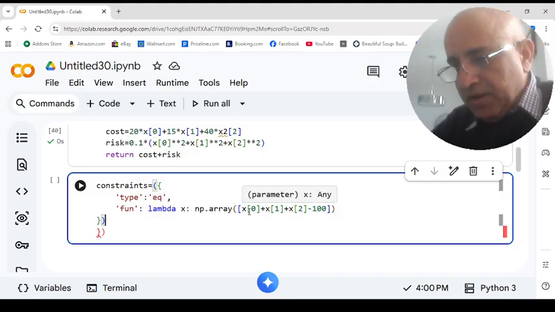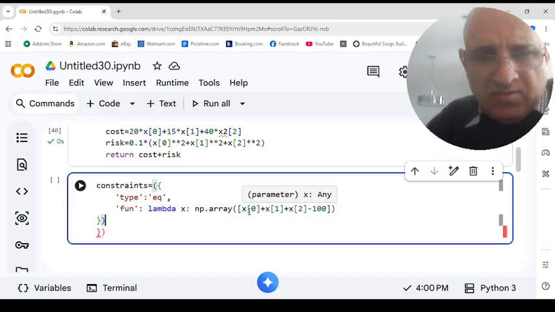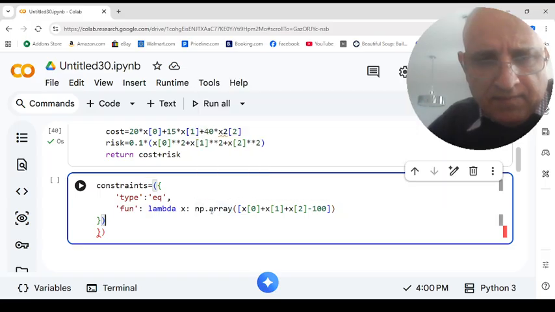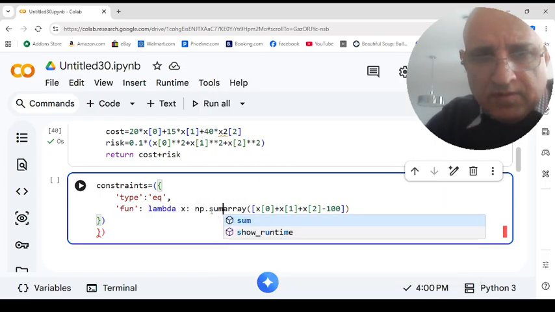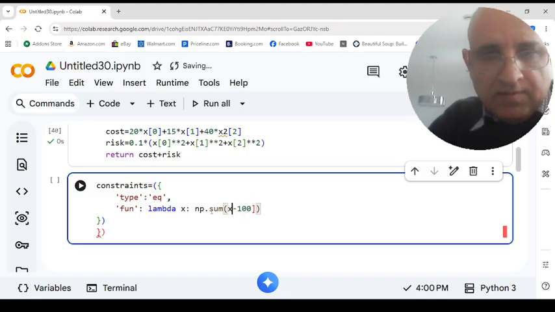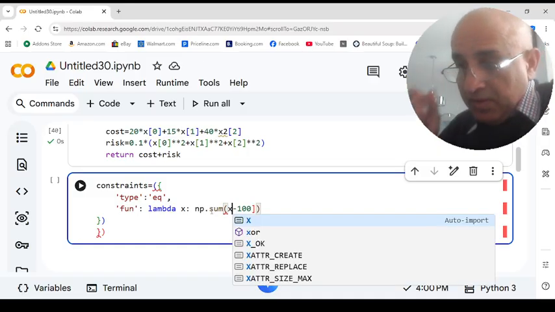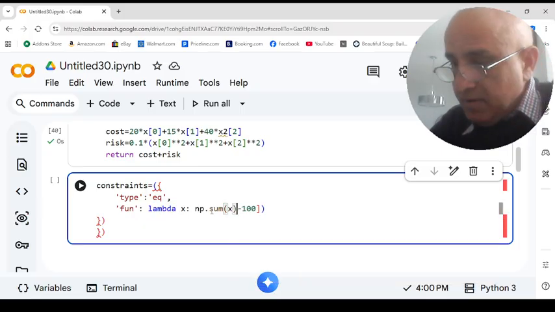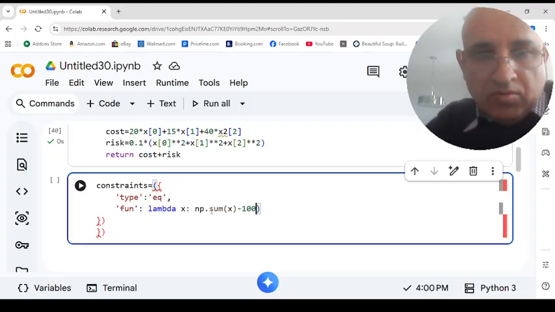Instead of writing a numpy array, which is also correct, I'm going to write sum of x minus 100. There's no need to put the brackets here.